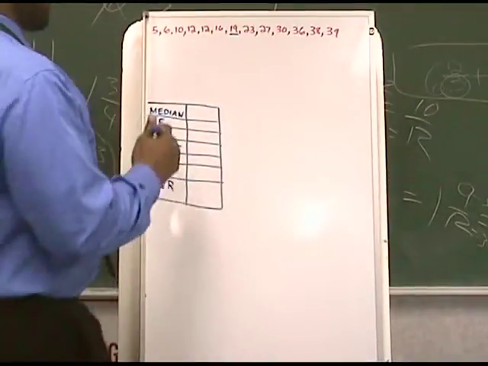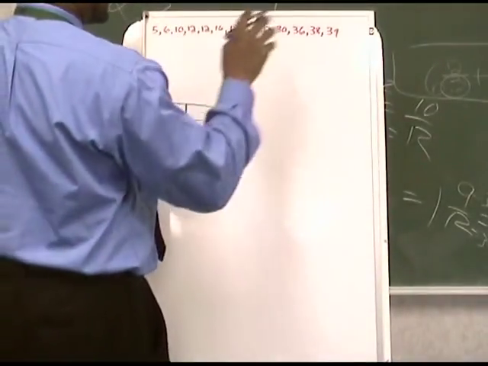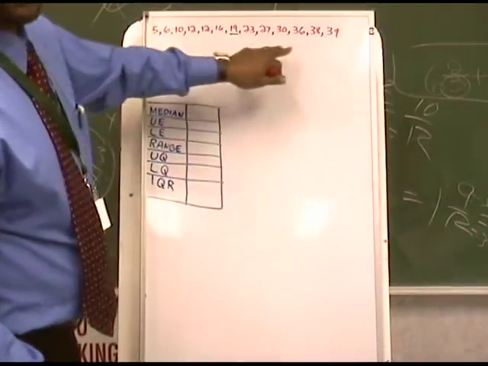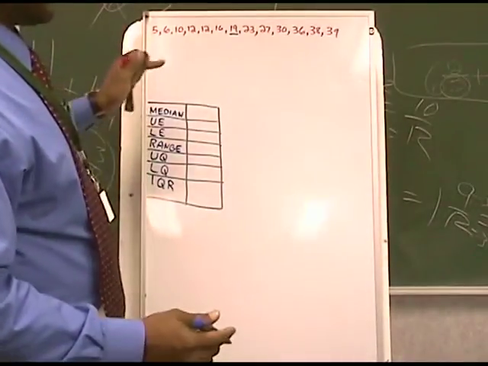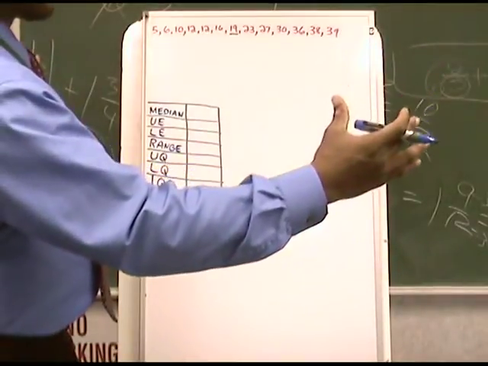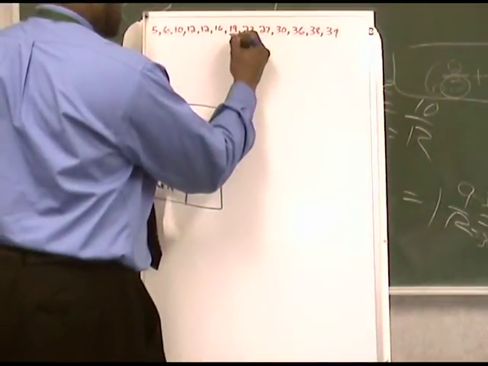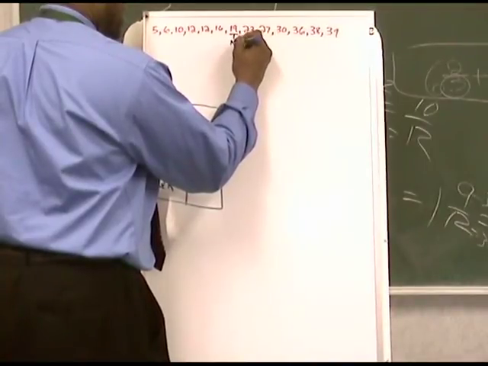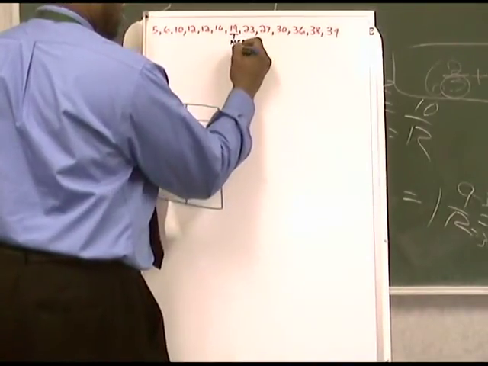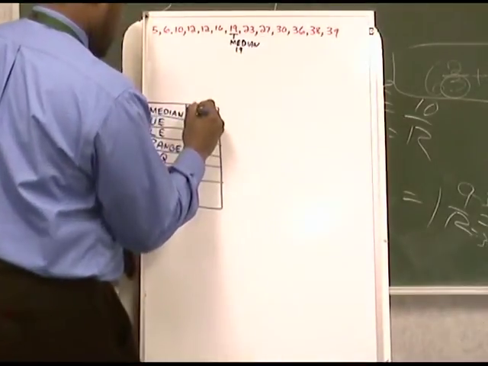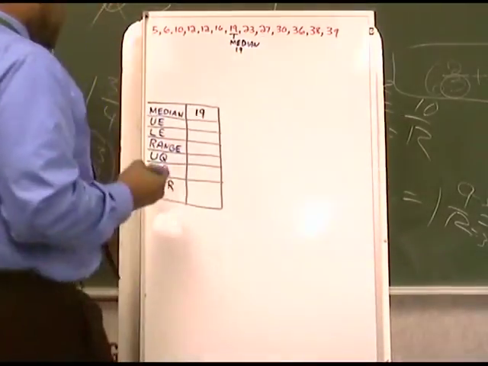So we have 6 numbers on the left and 6 numbers on the right, and then that 1 in the middle. 6 and 6 is 12, 1 in the middle makes 13. Therefore, 19 is our median. So we're going to put 19 there.